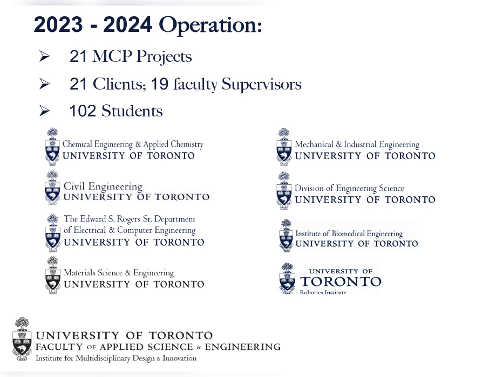We have 21 clients, 19 faculty supervisors across the faculty. It depends on the nature of the project. We have electrical engineering faculty supervisors, mechanical, chemical, civil, and so on. We have around 100 students. Around 25% of that is coming from electrical and computer engineering, from your department.